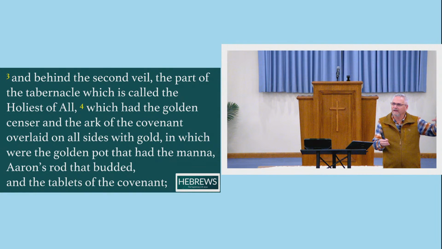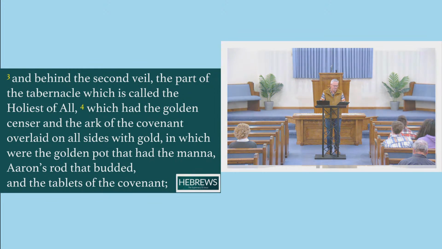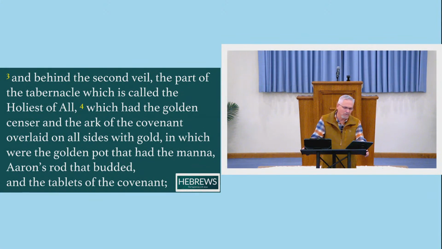That was right up against the curtain, the veil that covered the Holy of Holies. Behind the second veil was the holiest of all, which had the golden censer, the Ark of the Covenant, overlaid on all sides with gold, in which were the golden pot that had the manna, Aaron's rod that had budded, and the tablets of the covenant.